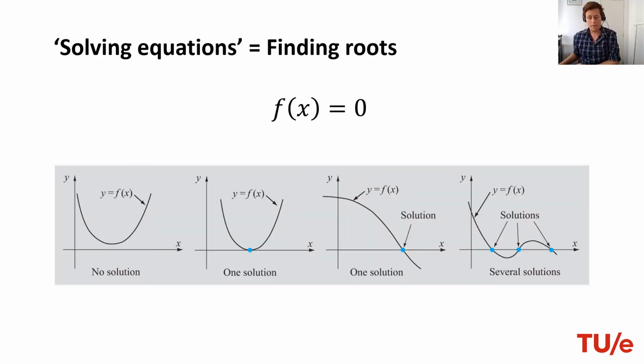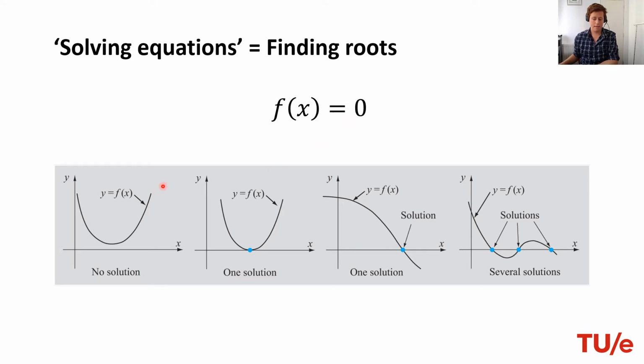There are specific cases that can be identified based on properties of the function f. It's possible that there is no solution to this equation f of x is 0. In other words, we cannot find an x such that when plugged into f, the outcome will be 0.